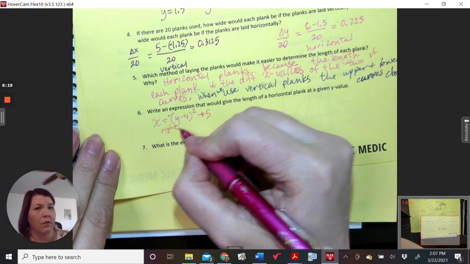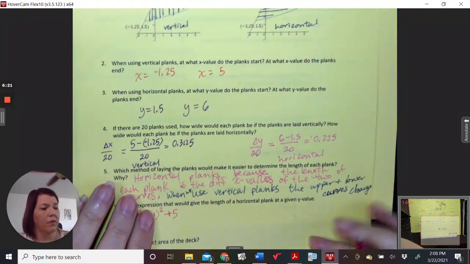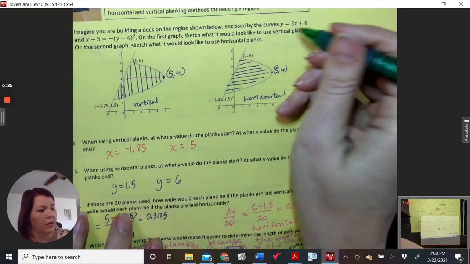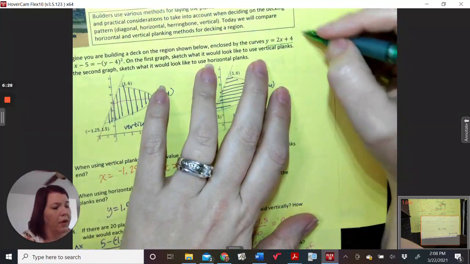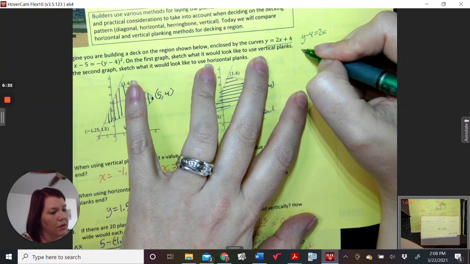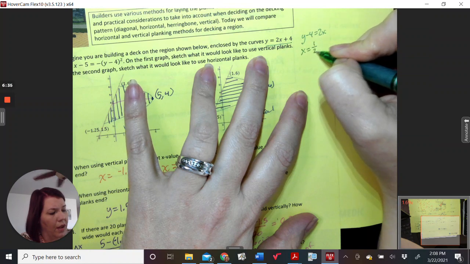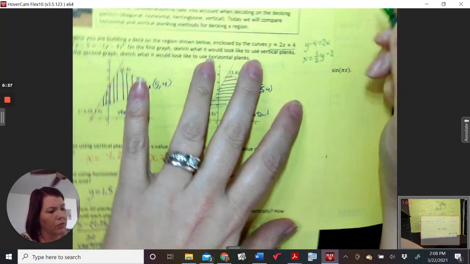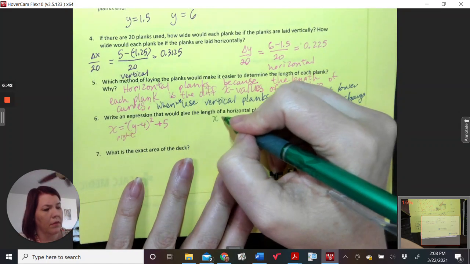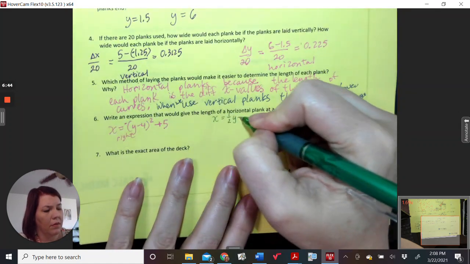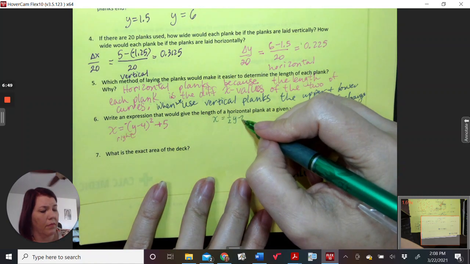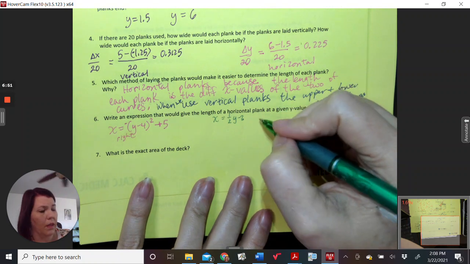And my left curve, which is this function here, I'll do this in green. I'll go ahead and solve it up here for x. y minus 4 equals 2x. So x equals 1/2 y minus 2. So that's my left curve.